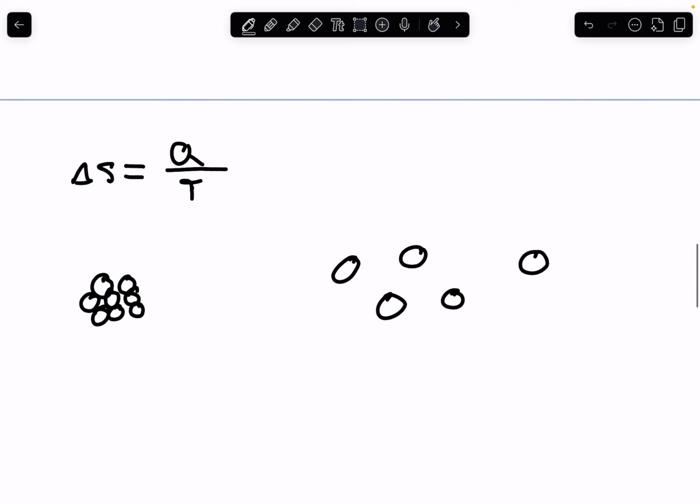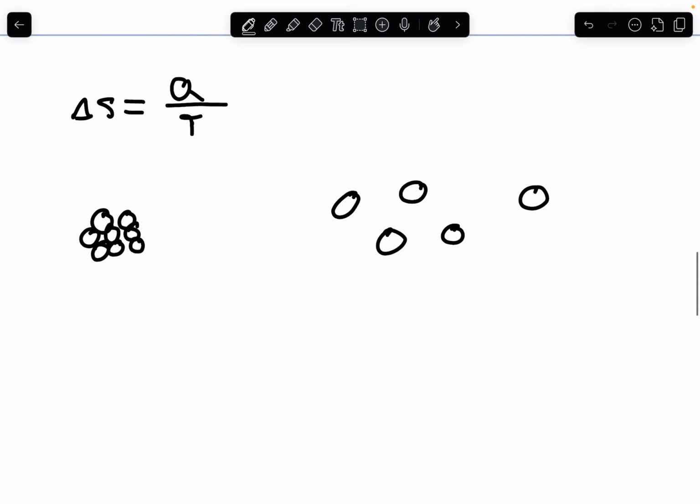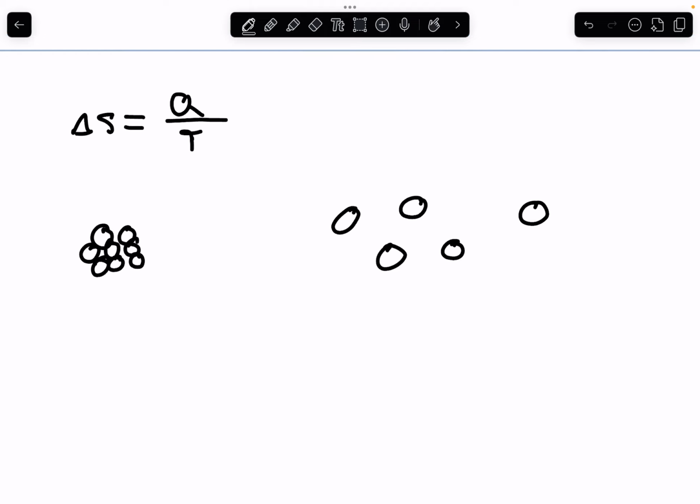So let's see. I'll try to explain it in terms of the equation. It says Q, the heat energy, divided by the temperature. So if I supply a solid with heat energy and keep on supplying it, it will become more disordered, since its kinetic energy will rise and it will eventually become a liquid. Then if I supply even more heat, it will become a gas, in a state of disorder, since it will be moving freely.